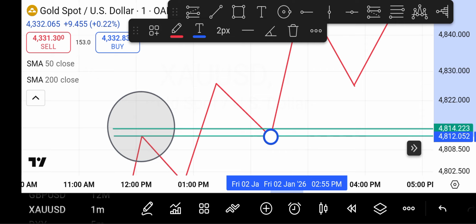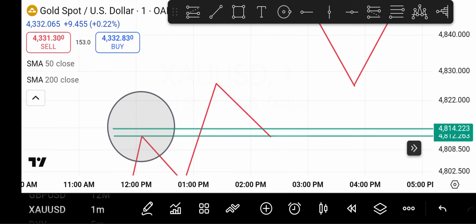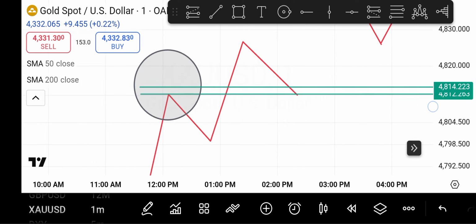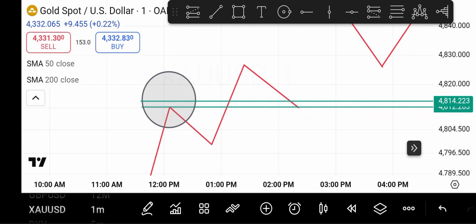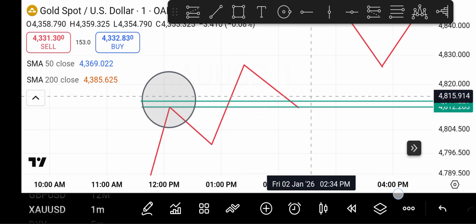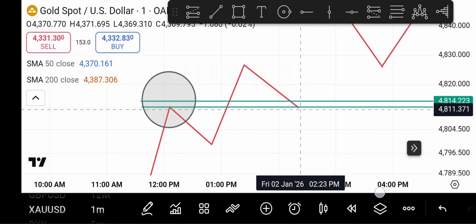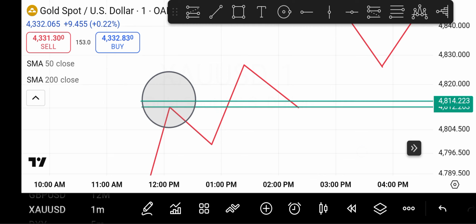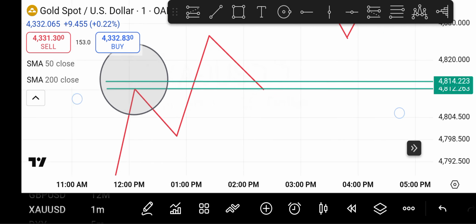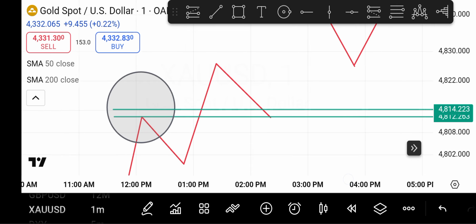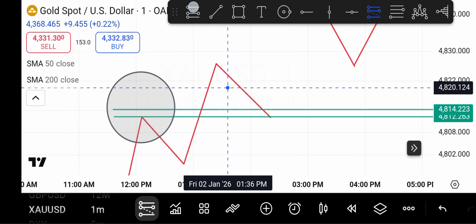So I will expect the price, after closing above this previous high, to come back to the zone. So when the price comes back to that zone, I will be eager to buy in an uptrend.